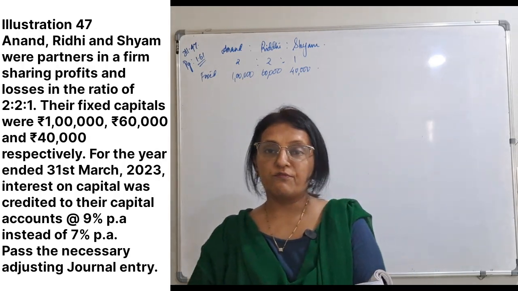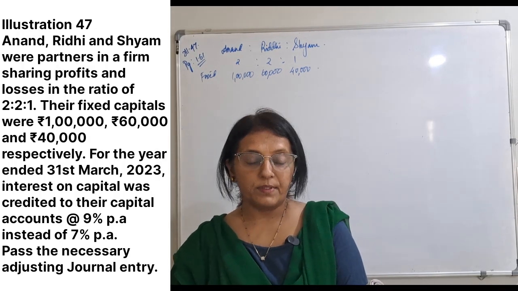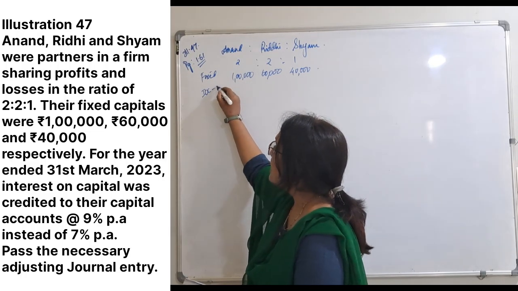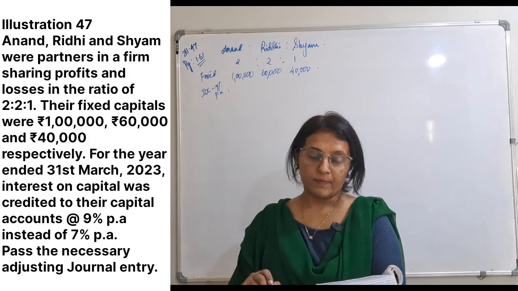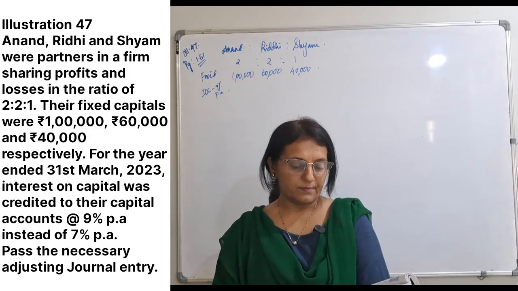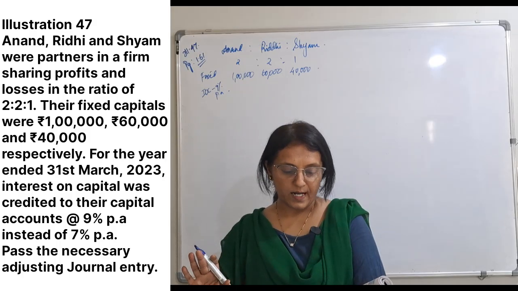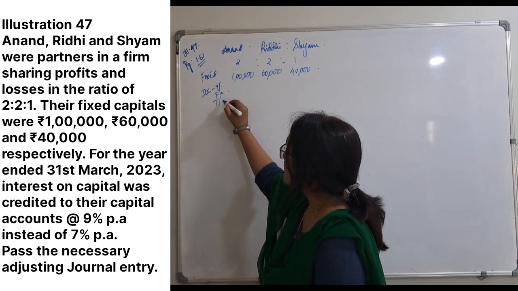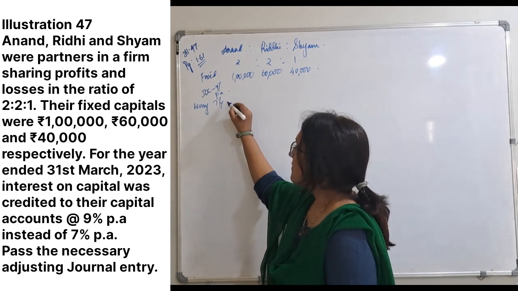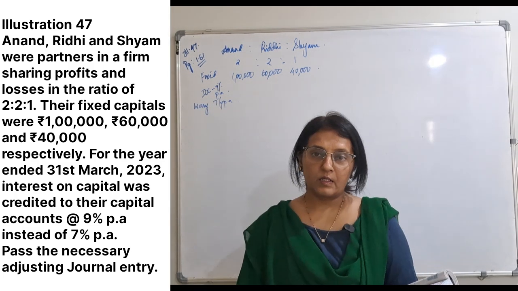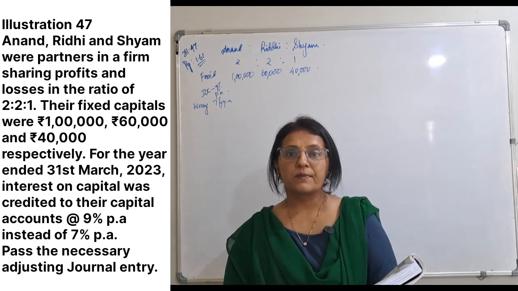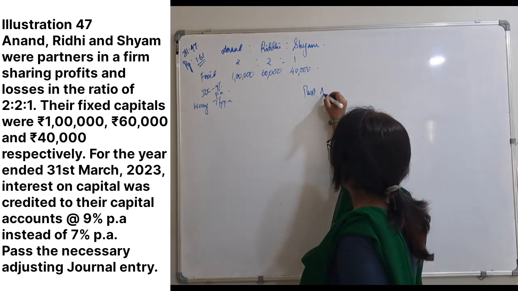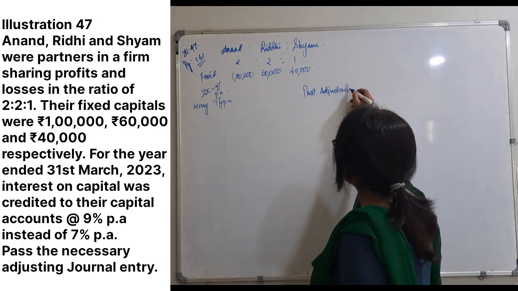For the year ended 31st March 23, interest on capital was credited to their capital account at 9% per annum. Instead of 7% per annum, we had to give 7%, but we have given 9%. Again, we'll prepare an adjustment table.